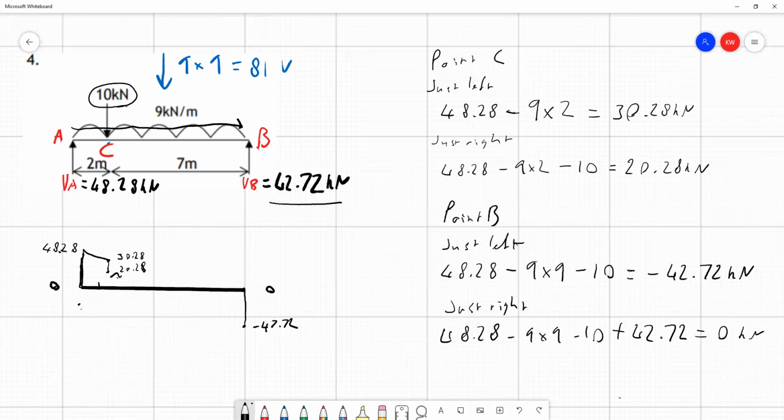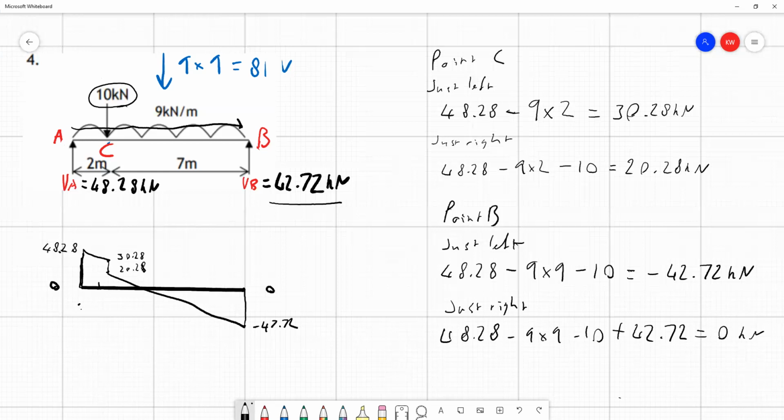You know what, I'll just draw it freehand. I don't want to waste too much time here, but we'll have a straight line coming down. That's not terrible, from there to there. And that's because when we have a UDL, there's constantly the same amount of force added for every bit of distance we travel, but we know it's going to be a straight line, so we only need to work it out when we reach another point where we're applying a point force. So that's the shear force diagram.